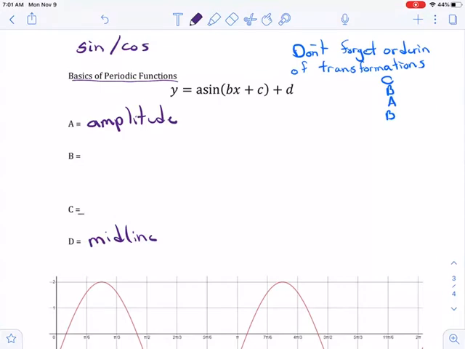C is something that I think we had explored, and this is going to move things left or right. So this is a phase shift left or right. It's kind of what it sounds like, moving something left or right. This can get tricky.